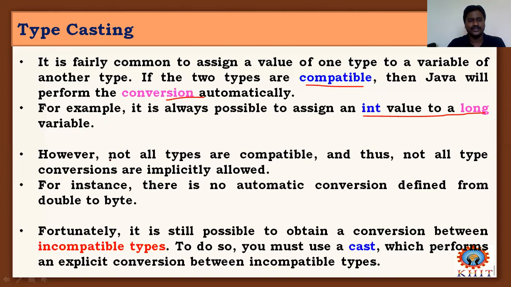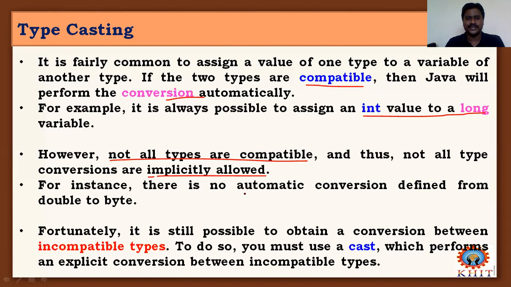However, not all types are compatible, because sometimes we may assign a longer size value to a smaller size type variable, and then automatic conversion is not possible. So not all type conversions are implicitly allowed. Automatic conversion means implicitly allowing the variable to be assigned from one type to another, but this is not always the case.